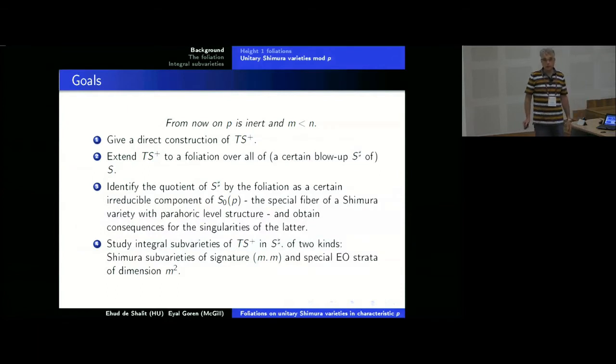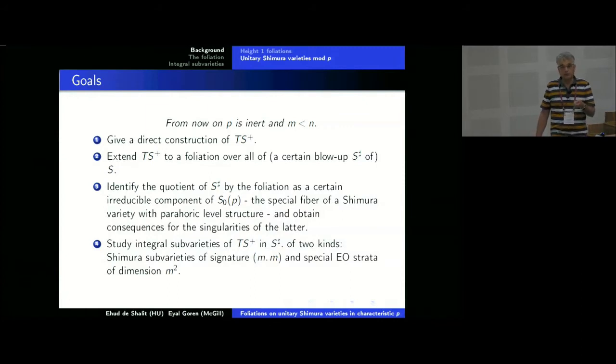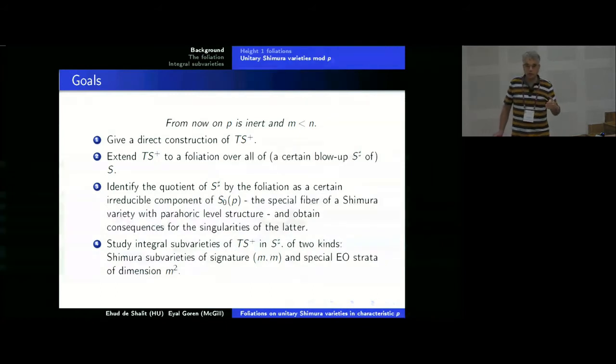First of all, I want to convince you that you do not have to study Moonen's work to construct T_S plus. There is a direct construction of it. Secondly, unlike Moonen's coordinates, which are really unique to the mu-ordinary locus, you can extend T_S plus to a foliation. You want to extend it all the way to S. You cannot. You can extend it inside S quite a bit further, to inner Ekedahl-Oort strata, but you reach a certain stratum where it acquires singularities.